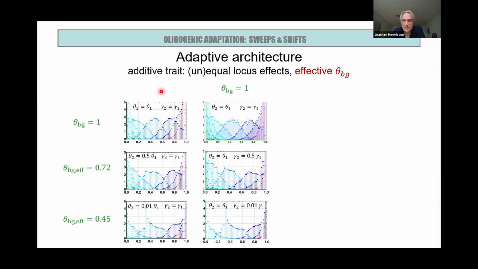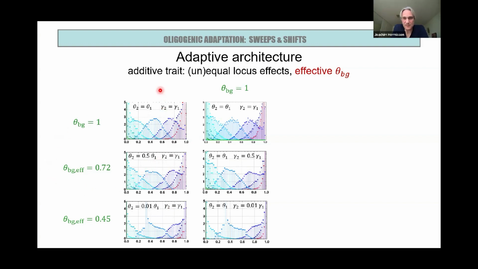There are some reasons behind it. One can speculate, of course, that establishment probabilities in the end depend on the number of mutations that start to run and the numbers that are picked up. So this is a product of theta times T establishment. So it is in the end a product of theta times something that is proportional to the locus effect size that matters.